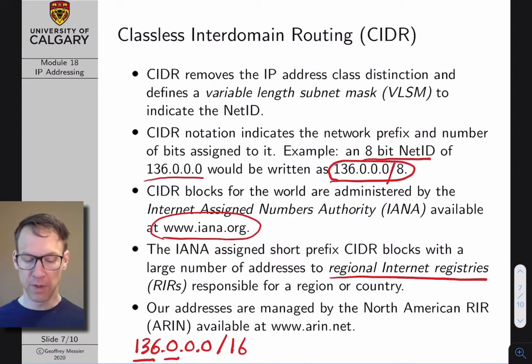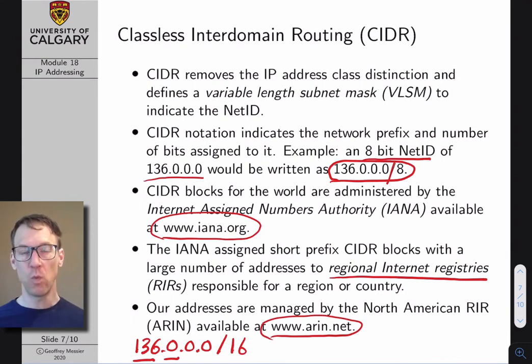So for example, there is a North American regional internet registry, which is known as ARIN, and the mapping within ARIN can be looked up on www.arin.net. So I would really encourage you to go onto the IANA website, go onto ARIN's website, just to see what information is up there.